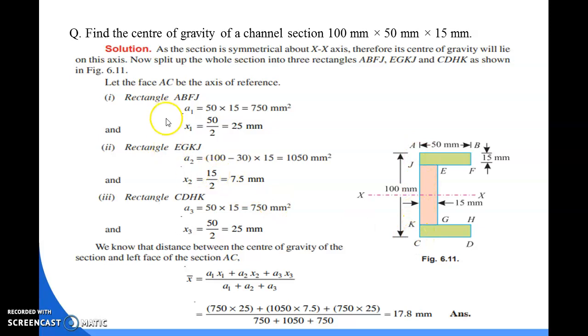So first of all, for section 1, which is top flange, the area of the top flange will be 50 into 15 because this is a rectangular portion. So that's why the area of this portion will be B into D, that is 50 into 15. So the answer will be 750 mm square. And the CG of the top flange is x1 is equal to 50 by 2.